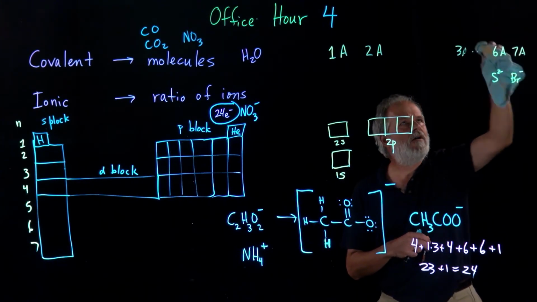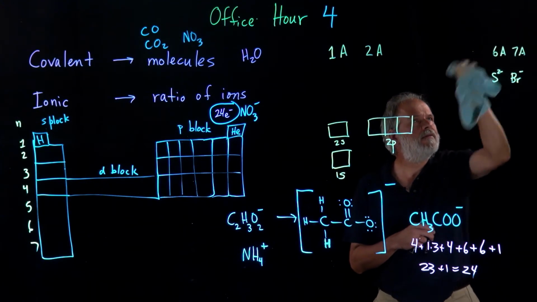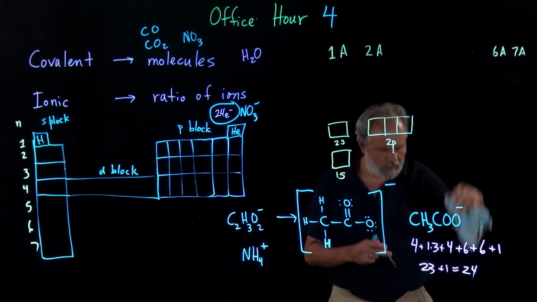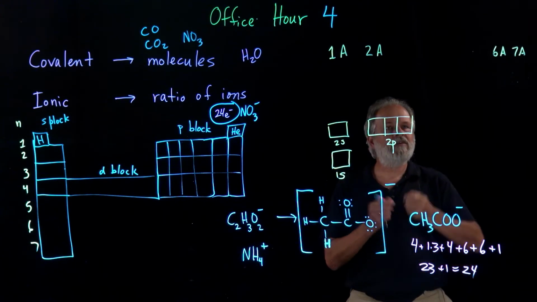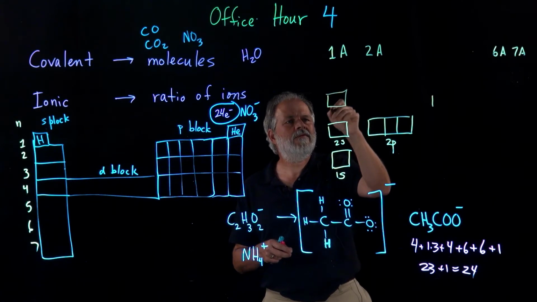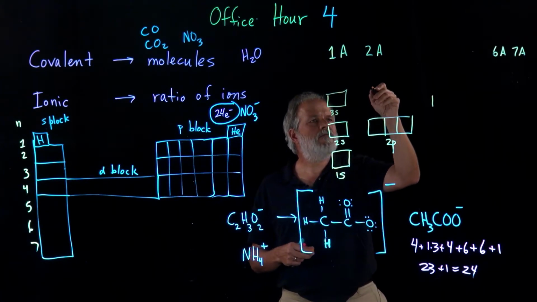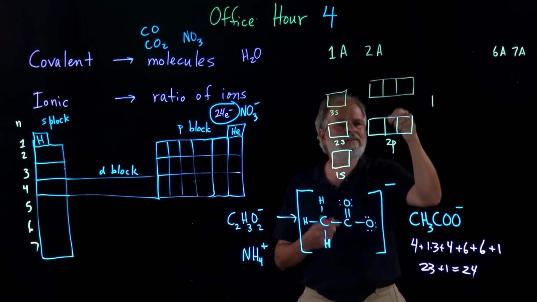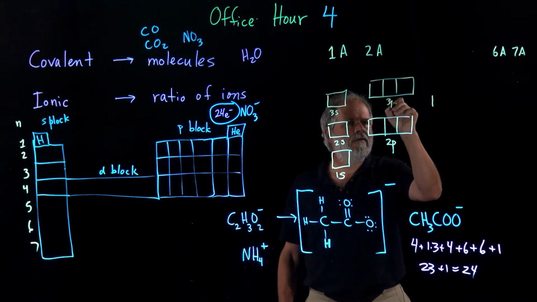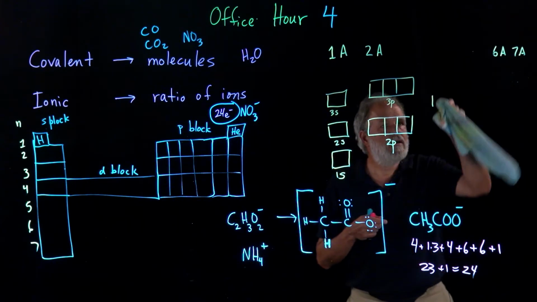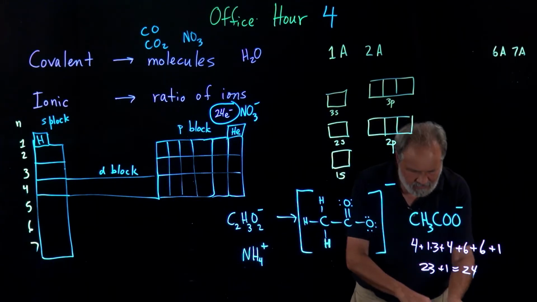Now I'm drawing them all at the same energy, but they're not. There's an order in which you fill them. So I'm going to draw this one up a bit. 3s, 3p. So a p-type has 3 boxes. An s-type has 1 box, and a d-type has 5 boxes.